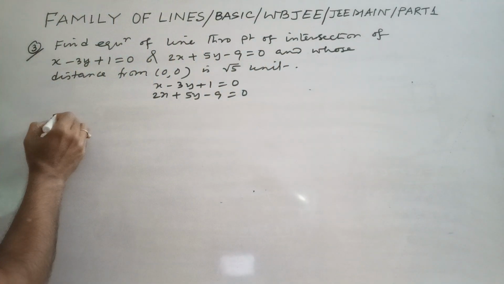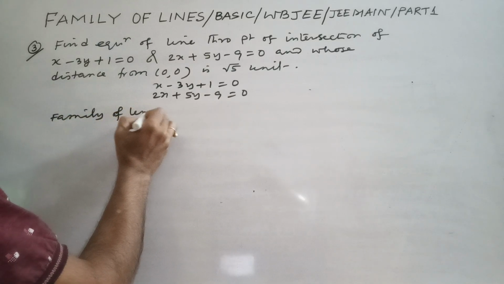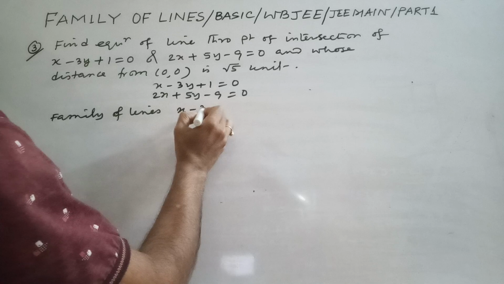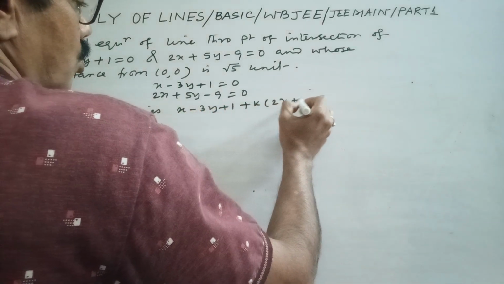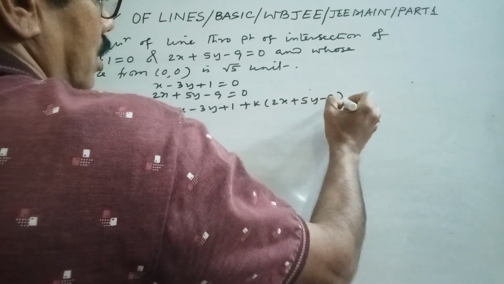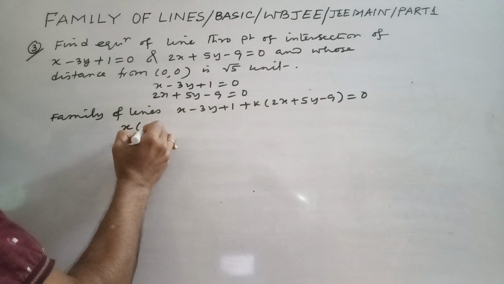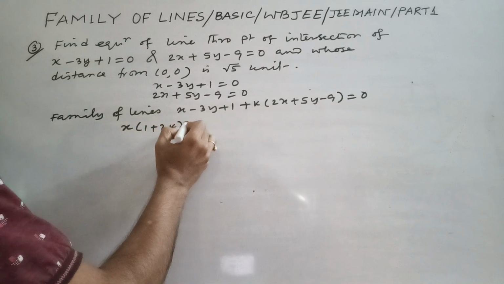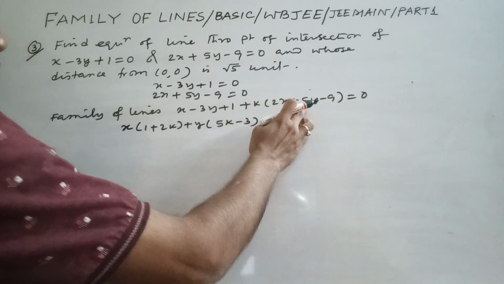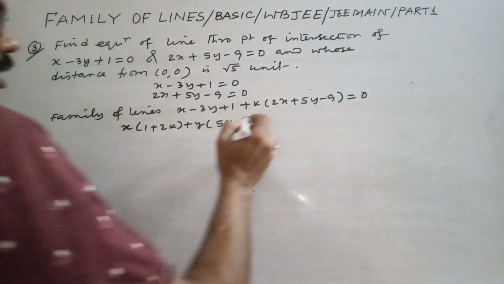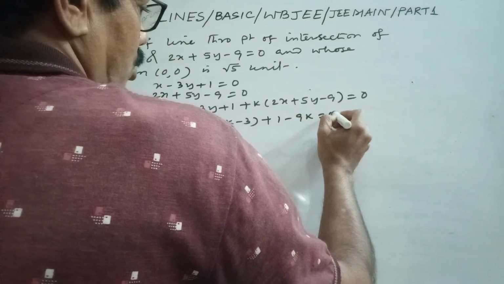So what is our formula? The equation of the family of lines: first equation plus k into second equation equals 0. So take x common: (1 plus 2k), y common: (5k minus 3), and then 1 minus 9k equals 0.